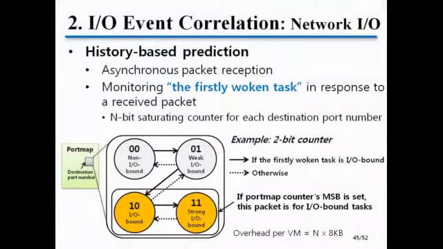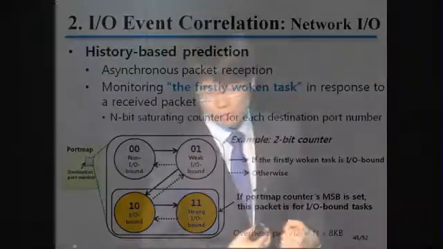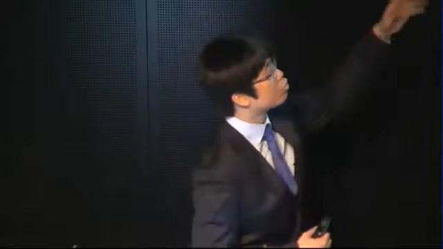In order to improve the prediction, we used an N-bit saturating counter for each destination port number, which is associated with the recipient task. I'm sure this figure reminds you of the branch predictor of a CPU. In our analysis, we also showed this structure is very lightweight to track the network packets from the I/O bound network applications.